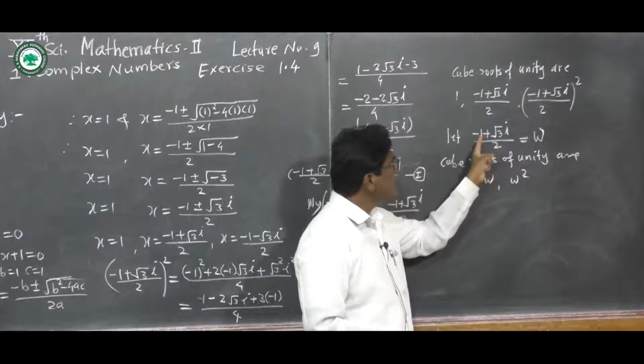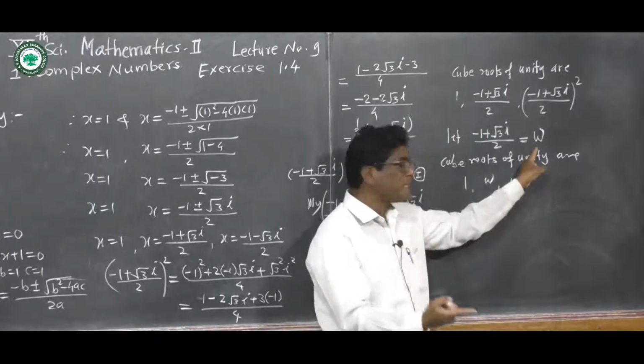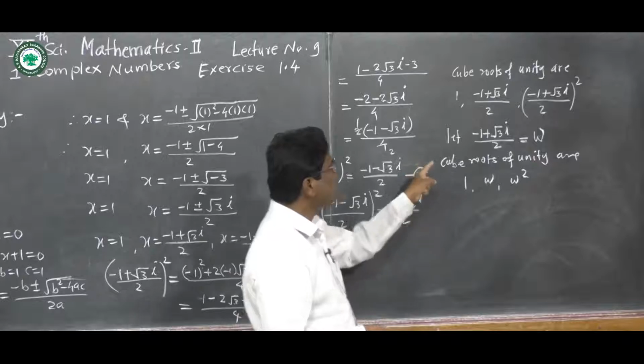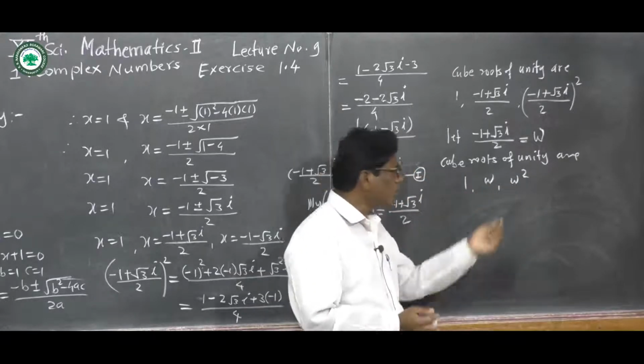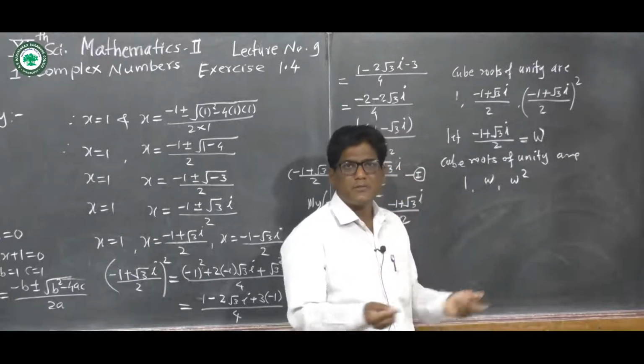We consider minus 1 plus root 3 i upon 2 as omega, or we may consider minus 1 minus root 3 i upon 2 as omega. Then also we get the cube roots of unity as 1, omega, omega squared. Here omega and omega squared are complex roots and 1 is the real root.